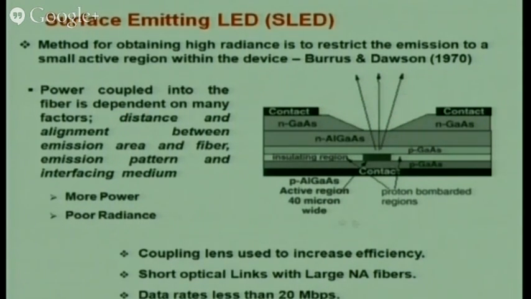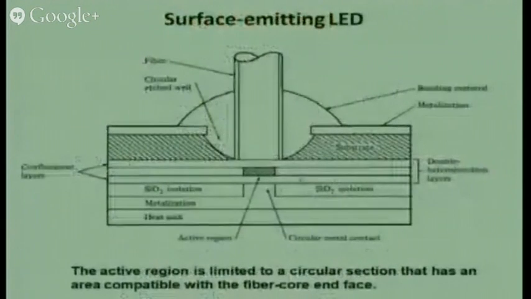Again, the concept is the same: you have the active region, a double heterostructure region, and then confinement layers. These are the confinement layers, and this is the active region. This type of surface emitting LED is possible using this type of structure.